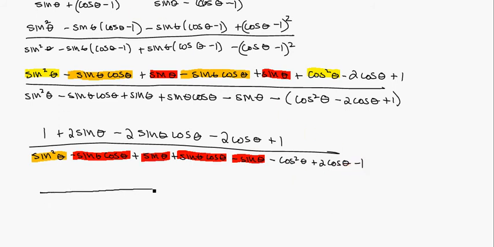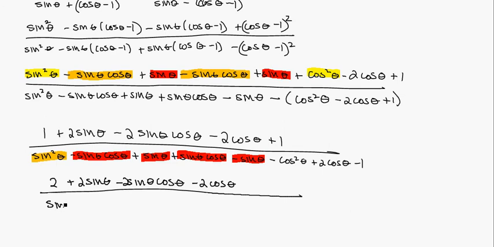So in the numerator I have a 2 and a 2. So 2 plus 2 sine theta minus 2 sine theta cosine theta minus 2 cosine theta all over sine squared theta minus cosine squared theta plus 2 cosine theta minus 1.